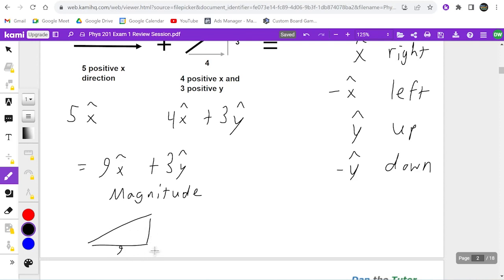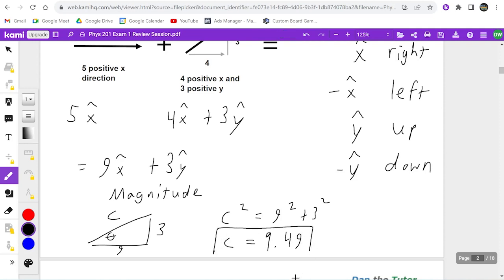The base is 9 because that's the x, and the y leg is 3 because that's the y. Then you find theta and c, the hypotenuse, first using the Pythagorean theorem. So c squared equals 9 squared plus 3 squared. I'm assuming you know the Pythagorean theorem, and you'll get c equals 9.49. And that's one answer you could say.